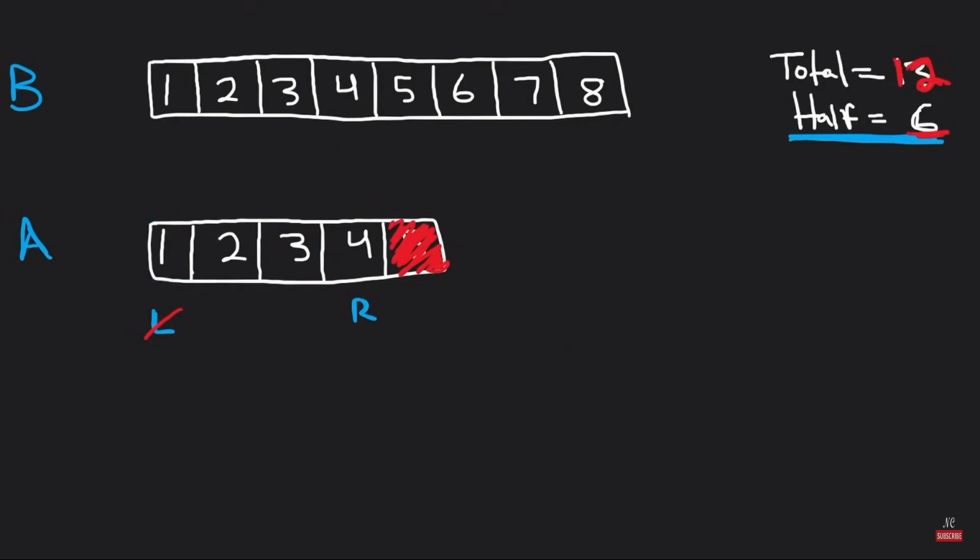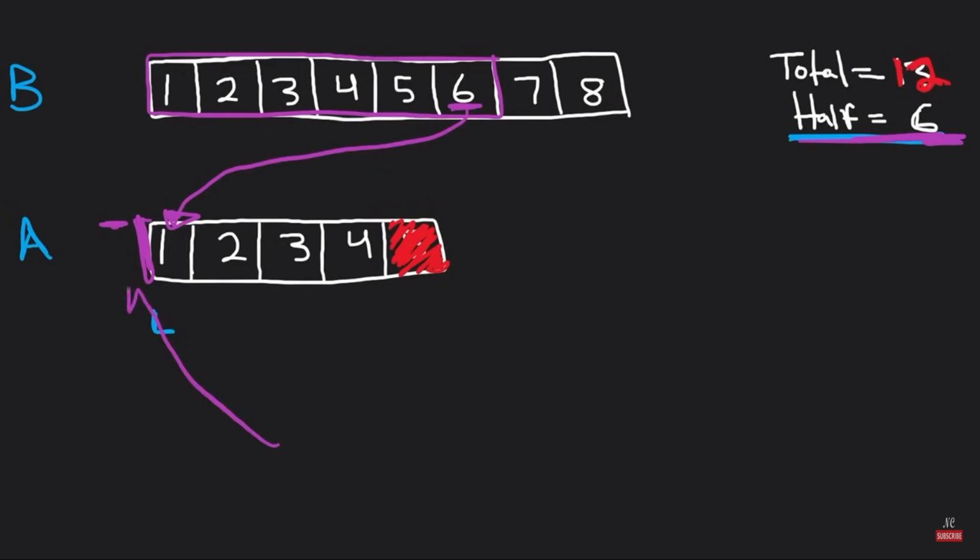Let me just show you one last thing that's going to make the code a lot easier for us. Hypothetically, our left partition from this array A could be 1, it could also be 0. We want our left partition to be 6 elements. What if we just took the 6 elements from over here? That's going to make edge cases a little annoying. You know how we always want to make sure that the value from over here is less than or equal to that, and that this is less than or equal to something like this.